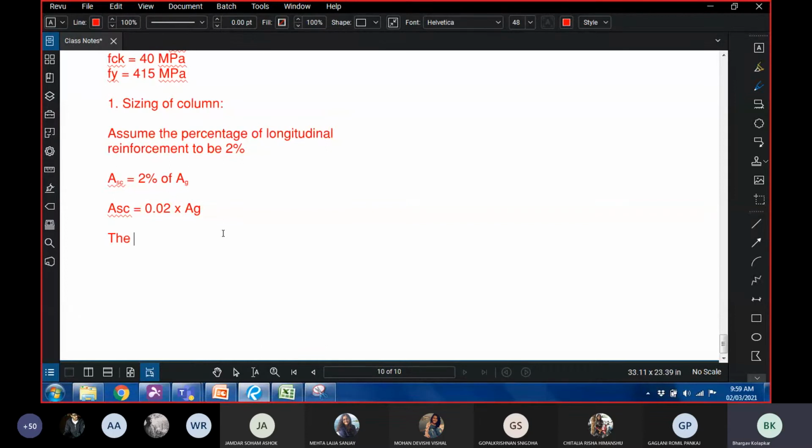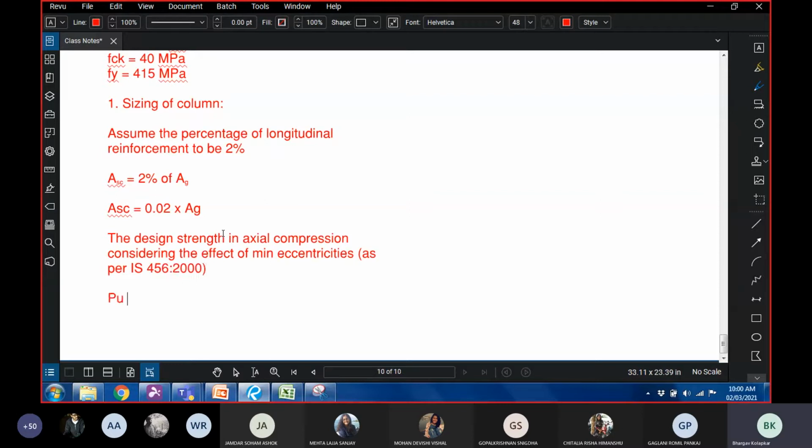I'm just writing the meaning of this equation so there's no confusion: design strength in axial compression considering the effect of minimum eccentricities. That is what that equation stands for. And this equation is as per IS 456:2000.